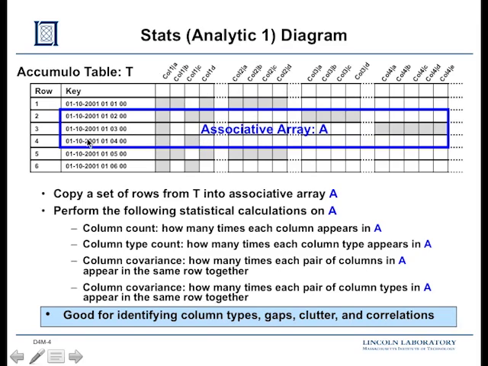What I want to do is grab a chunk of rows, and then compute basically how many times each column appears, essentially sum. I'll sum by type, so I'll show you how we can look at just how many entries there were in column 1 or column 2. Computing the covariance, computing type and pair covariances are all different things that we can do.